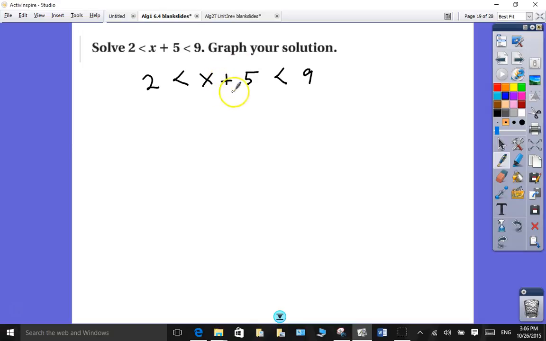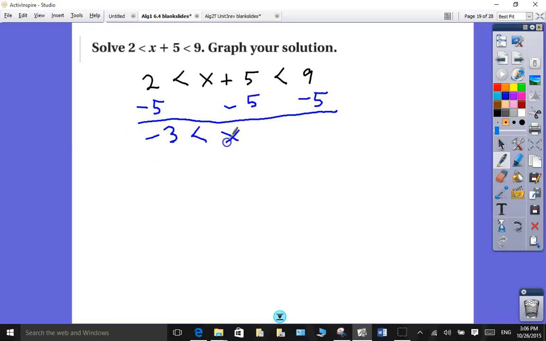Well, how am I going to cancel a plus 5 that's with the x? Well, I'm going to subtract 5. So if I subtract 5 here, because there's three parts to this inequality, I have to subtract 5 here, and I have to subtract 5 here. Whatever you do to the middle part, do to the other two parts. Negative 3 is less than x is less than 4.